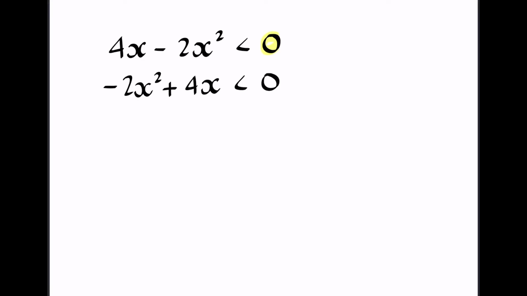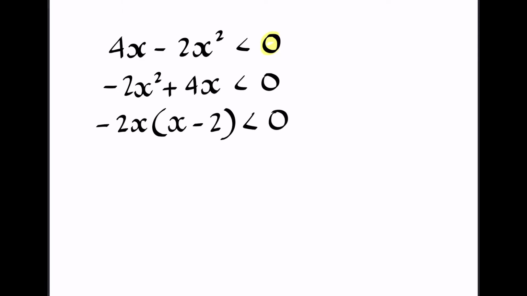Now I'm going to factorize, so I can see that there's a 2x common, but I'm not just going to take out a 2x, I'm going to take out a negative 2 because I don't want that x squared to be negative. So now I'm going to take out negative 2x. When I take negative 2x out of negative 2x squared, I'm left with x. When I take negative 2x out of positive 4x, I'm left with negative 2, being less than 0.